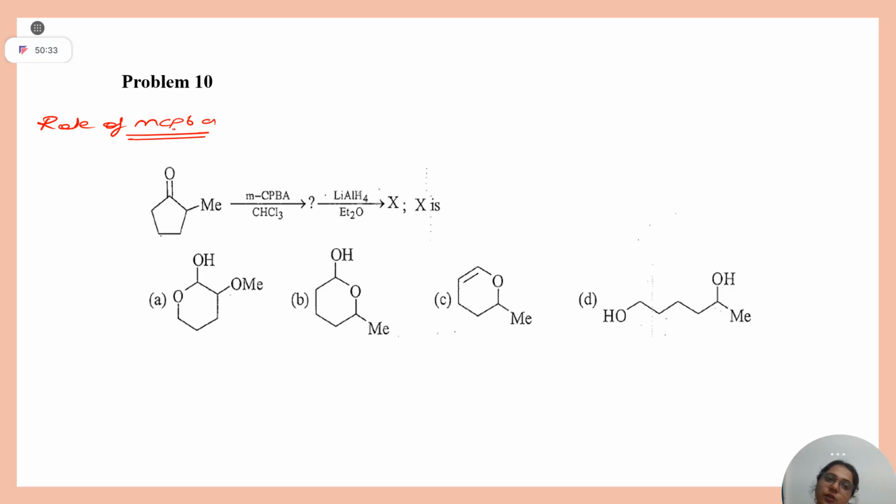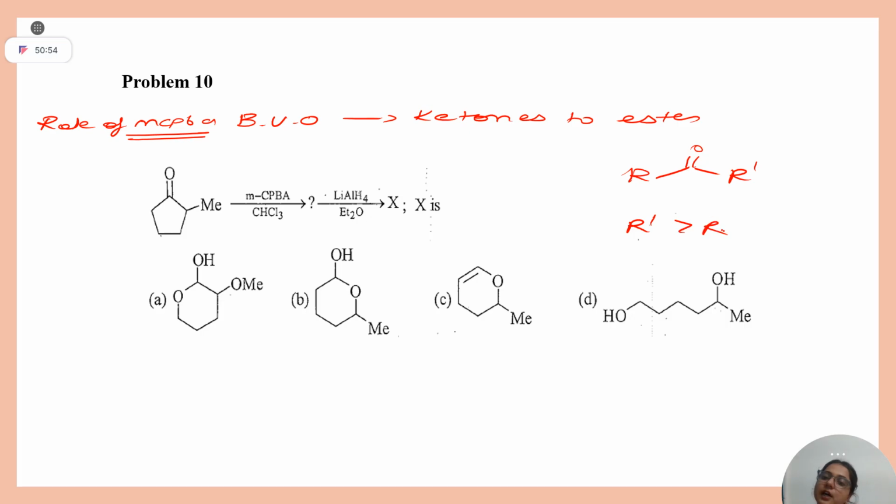This is metachloroperbenzoic acid. BVO, Baeyer-Villiger oxidation, converts ketones to esters. For example, you have R, you have CO, you have R dash, and you know the migratory aptitude of R dash is greater than R. So then the product will be RCOOR dash.